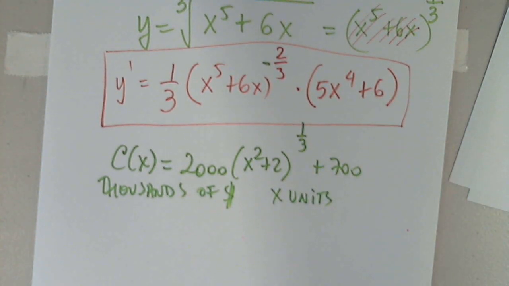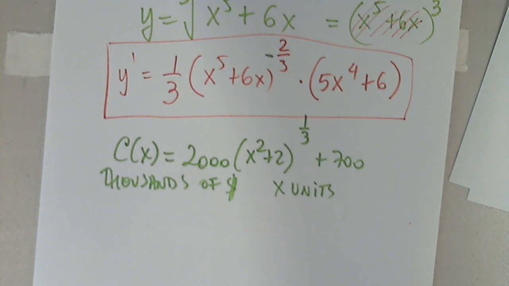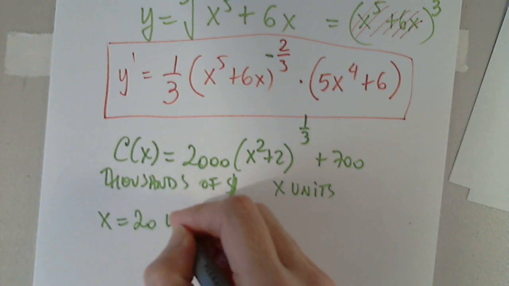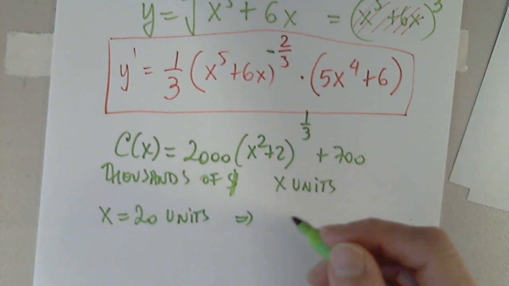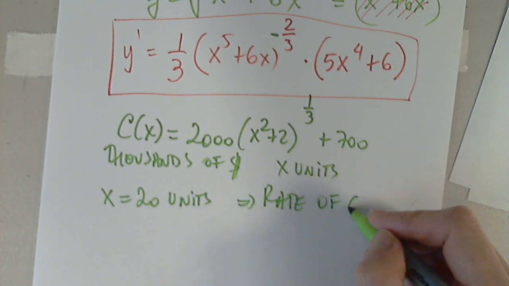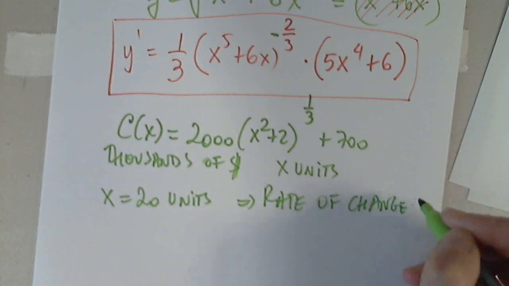Find the rate at which total cost is changing when 20 are produced. Find the rate of change of cost.